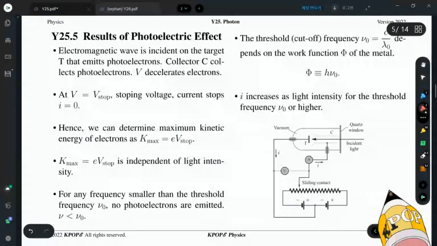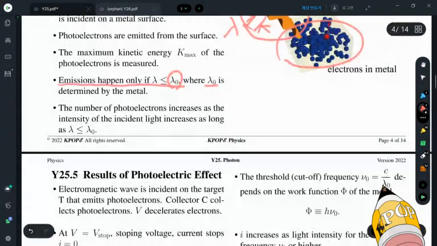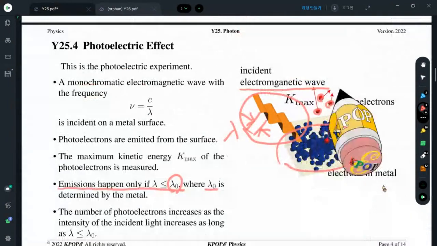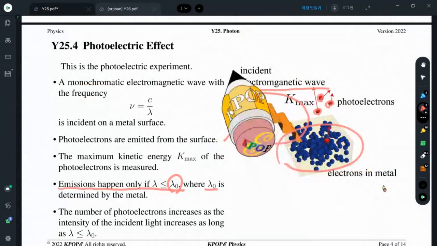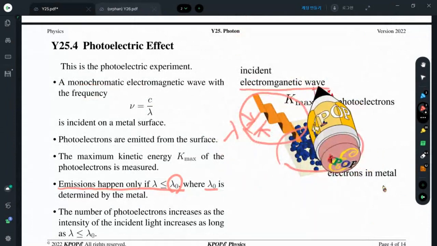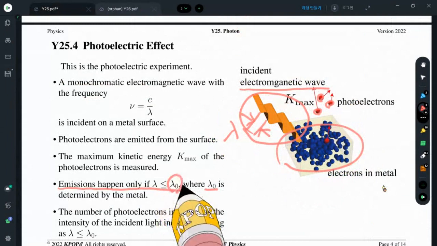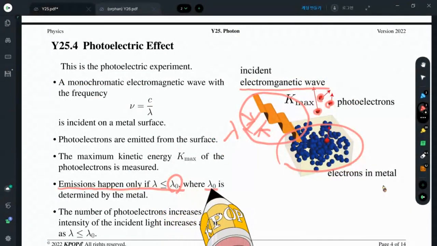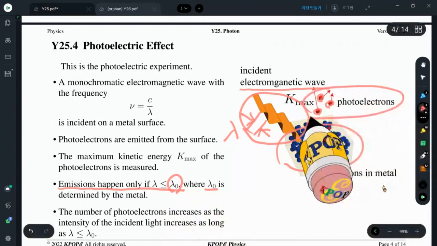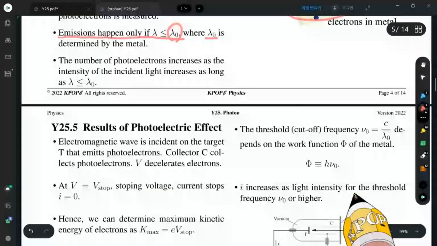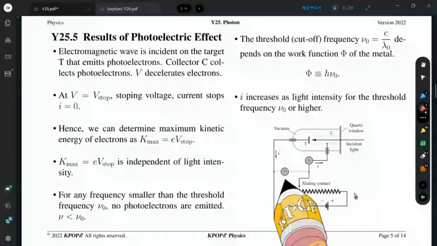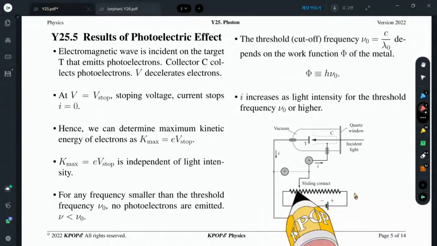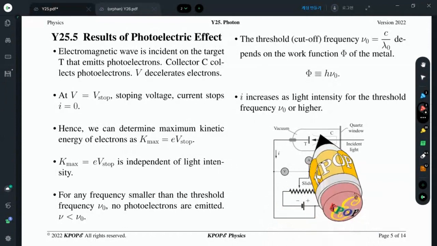If you look at the experiment more closely, the electrons are emitted due to radiation by this incident electromagnetic wave with wavelengths shorter than a threshold value lambda 0. Photoelectrons are emitted, and we can vary the resistance of this circuit.